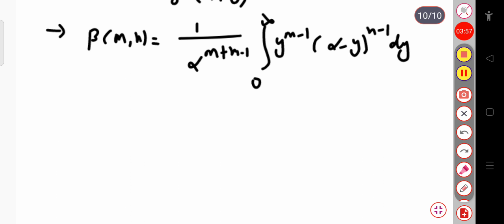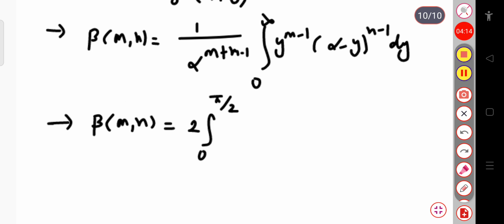Okay, and if I write this beta function in terms of the trigonometric function, then this beta m, n can be written as equal to 2 into the integration from 0 to pi by 2 of sine power 2m minus 1 of theta into cosine power 2n minus 1 of theta d theta.